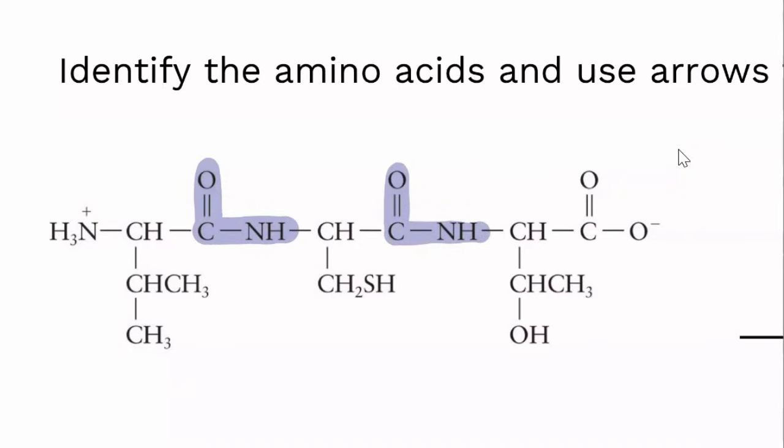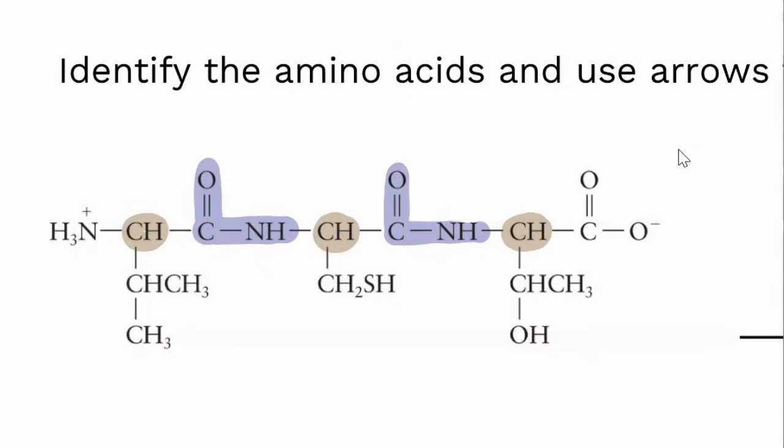That means that in this problem, I have 1 amino acid, 2 amino acids, 3 amino acids. Notice that I'm just highlighting the alpha carbon because at the alpha carbon is where I have each of my side chains, so I can identify the amino acids present in the peptide.